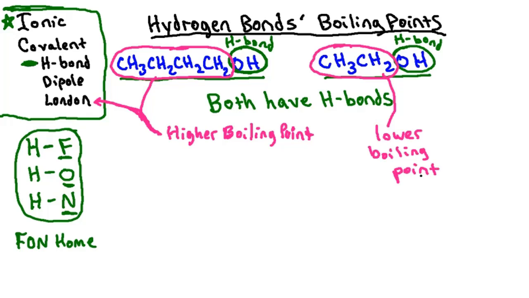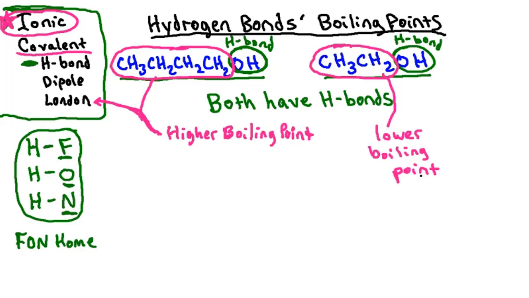So that is how you compare boiling points between molecules that both have hydrogen bonds. Now, of course, if we're comparing these hydrogen bond molecules to a molecule made from an ionic bond, the ionic bond will win because ionic bonds are the strongest bonds, and so they are going to have a much higher boiling point than any covalent bonds.